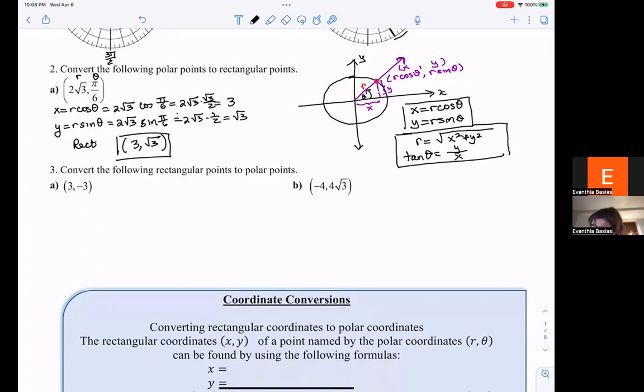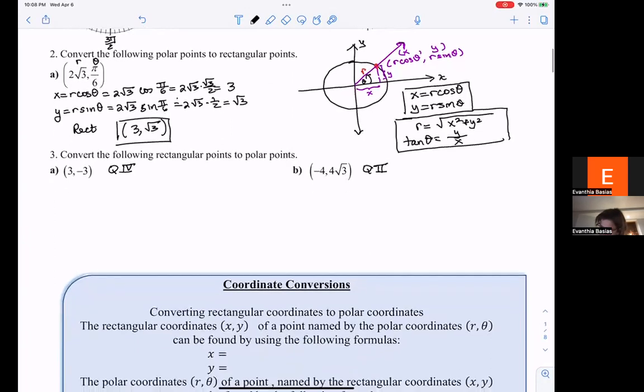Now, when we convert rectangular points to polar points, it's a little trickier. We have to consider the quadrant in order to find the angle. So this ordered pair is in quadrant 4, and this ordered pair is in quadrant 2. To get r, we simply substitute into the square root of x squared plus y squared.